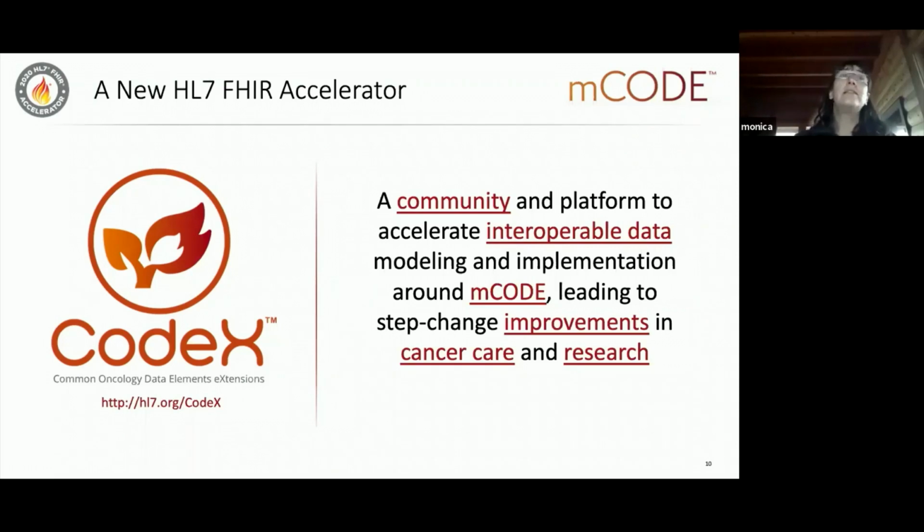It is designed to be the environment where those who want to use mCODE can gain assistance, integration with other efforts, and be a focus for growth and development of this new data language.